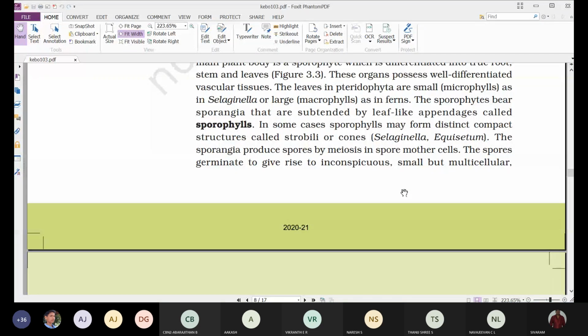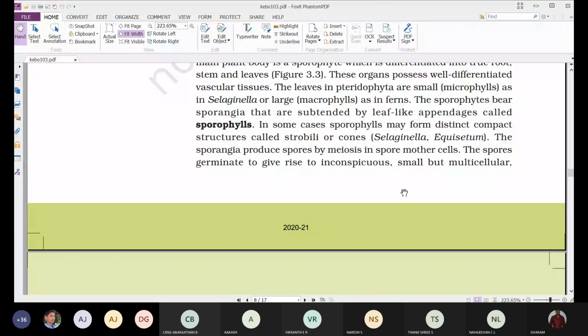Conspicuous means clearly visible. Inconspicuous means not clearly visible, that is, very small and microscopic. That means the spores, when they fall on suitable soil, germinate and give rise to an inconspicuous structure, not clearly visible because it is very small in size, but it is multicellular. And this multicellular structure is nothing but the gametophyte.